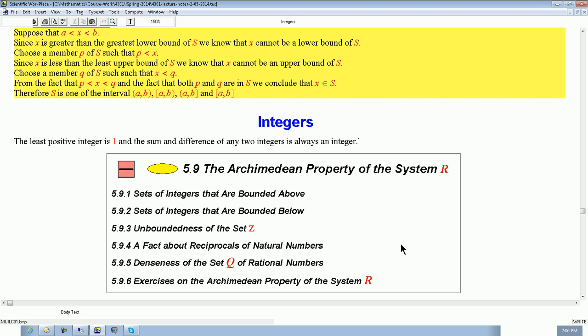If you were to question whether or not the set of integers is bounded above, you would have to ask yourself whether any real number could possibly be an upper bound of the set of integers. And I'm sure that the answer no is quivering on all your lips.